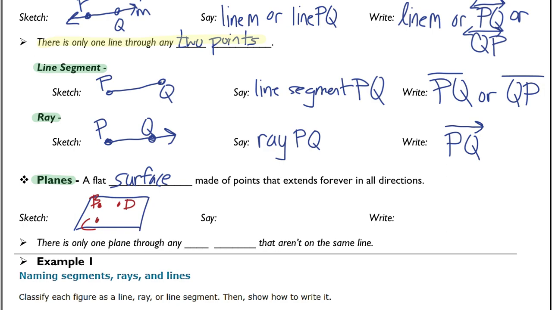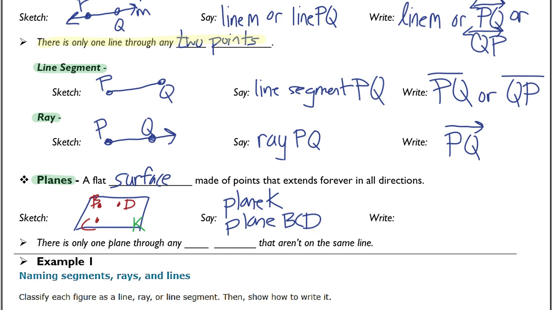Also, we can actually put a capital letter that has no dot next to it, and that would be the name of the plane if it's in one of the corners here. So we can actually call this plane K, or we could say this is plane BCD, and we could order this in any way, but I like to do alphabetical, B, C, and D. We have to have three what we call non-collinear points, or three points that are not on the same line.